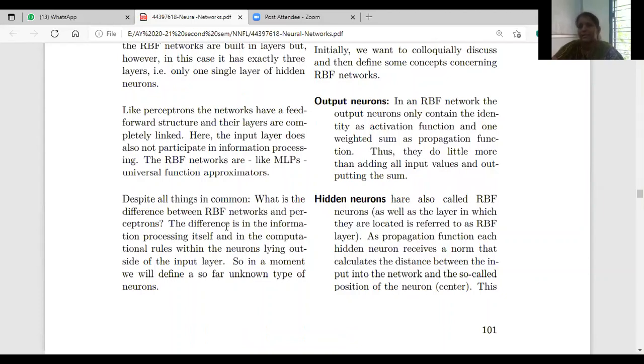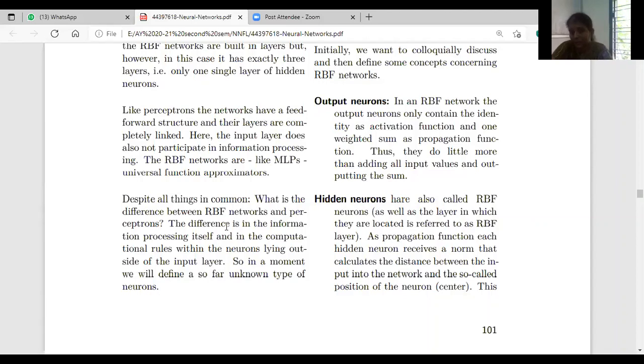The difference is in information processing and computation rules within the neurons lying outside of your input layer. Okay, observe the difference here. The difference between perceptron neural network and RBF neural network is in the information processing and in the computational rules.